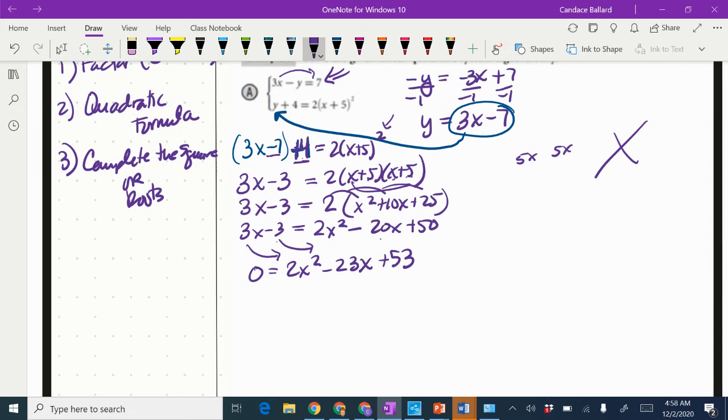I multiply the 2 and the 53 and get 106. And then I get, ooh, not 17. What happened? Did I do something wrong? I did, didn't I? That should have been a positive 20 right here. So when I subtract that over, I would get 17x. So I get 17 right there.